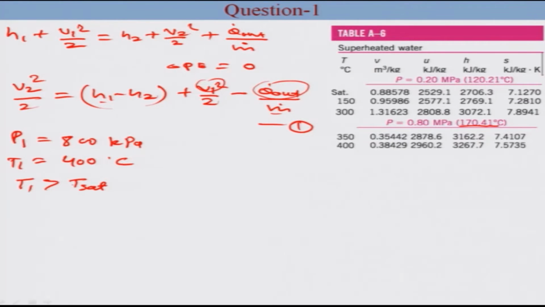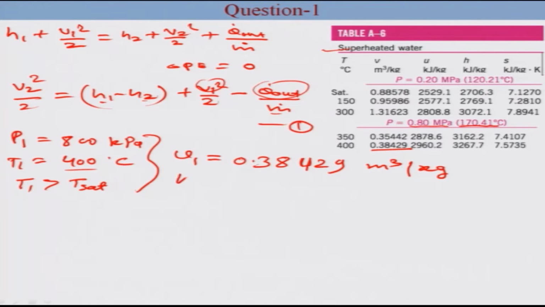So we need to look into the superheated water table to get H1 and H2. From here we get the specific volume at 400 degree centigrade and 800 kilopascal, which is nothing but 0.8 megapascal. So v1 will be 0.38429 meter cube per kg.